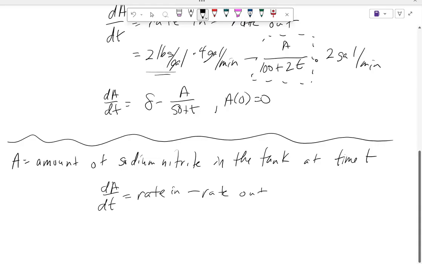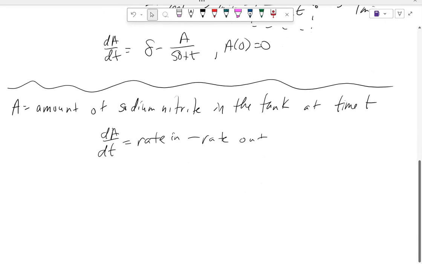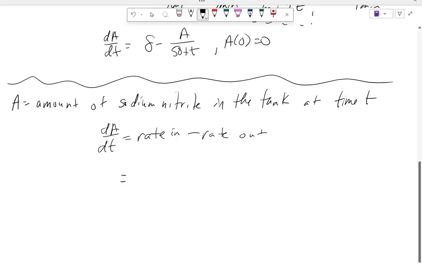I forgot what the units were. I think it was pounds per minute. Yeah. All right. So what does your rate in look like? Yeah, 1 pound per gallon times 2 gallons per minute. Good.